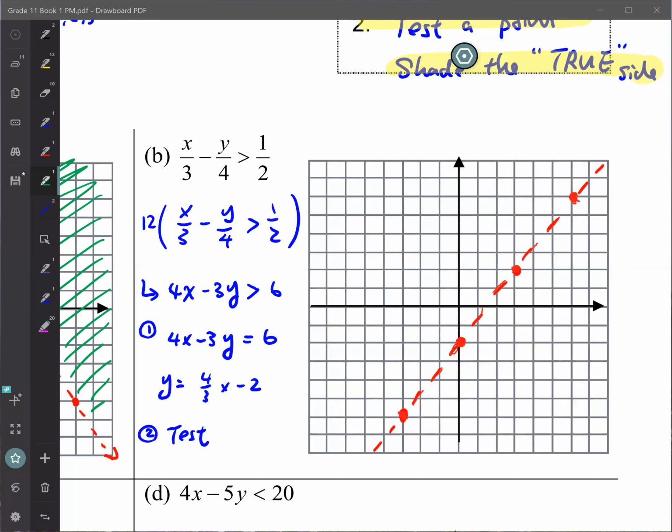Yes. Okay, so what point did you test? I tested the bottom left one.